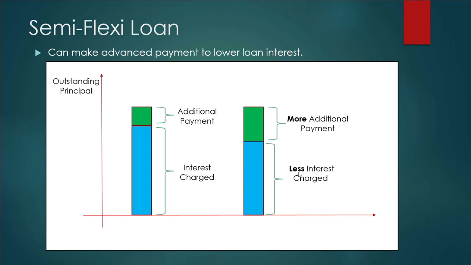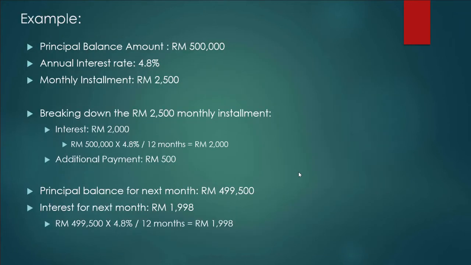Right, let's move on to one example where you can see some actual numbers to understand better. Let's say you have a principal balance of 500,000, a housing loan at 4.8% interest rate, and your monthly installment is 2,500. Let's break down this 2,500 ringgit monthly installment.